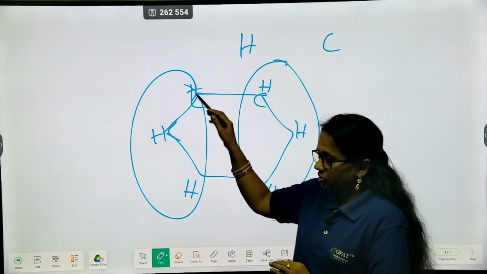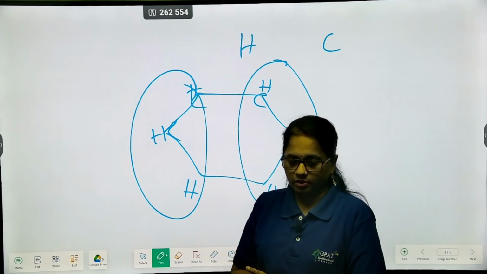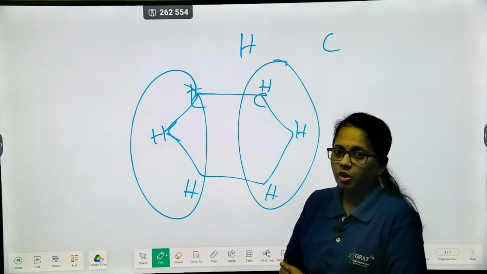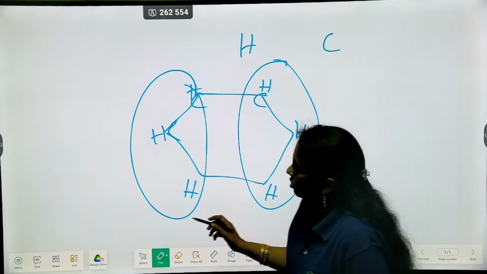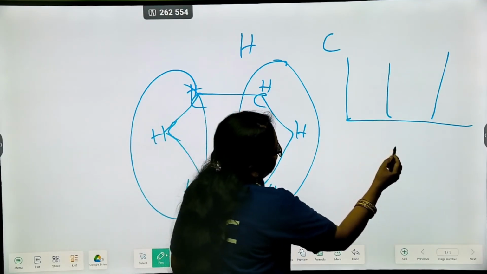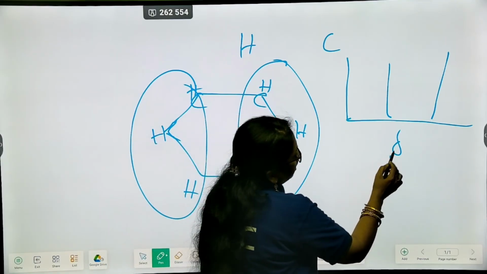Okay, so just imagine in the proton NMR, the hydrogens are there, and the pi electrons are present in that. So these hydrogens are going to cause the delocalization, thereby shielding and de-shielding is going to take place. So this is a chemical shift. Okay, so chemical shift values are going to be high.